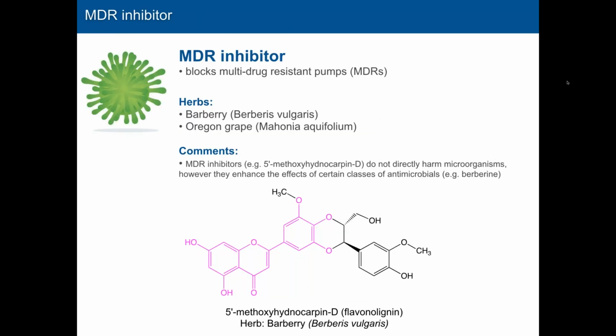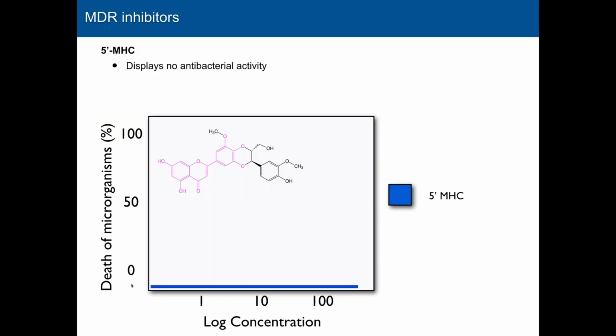Now, there's a second compound in these herbs called a flavonolignin, and it's a bit of a mouthful. They refer to it as 5-MHC. And this 5-MHC compound lacks any kind of antibiotic or antifungal or antiviral property. So when you check it in the test tube, it doesn't kill anything.